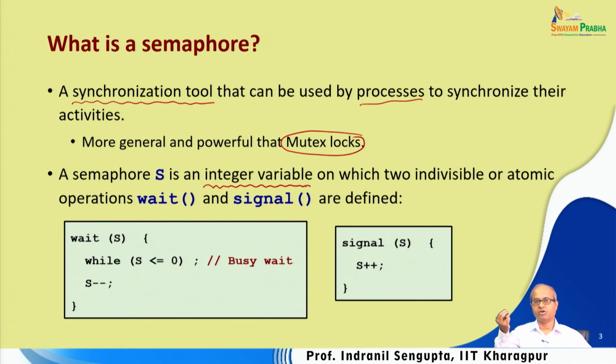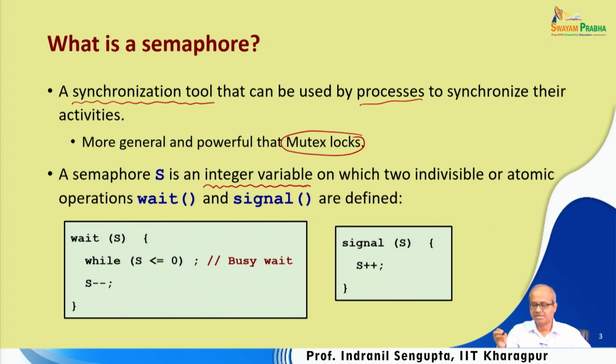These two operations are called wait and signal. So, if anyone asks you what is a semaphore, your answer will be: a semaphore is an integer variable on which two atomic operations, wait and signal, are defined.